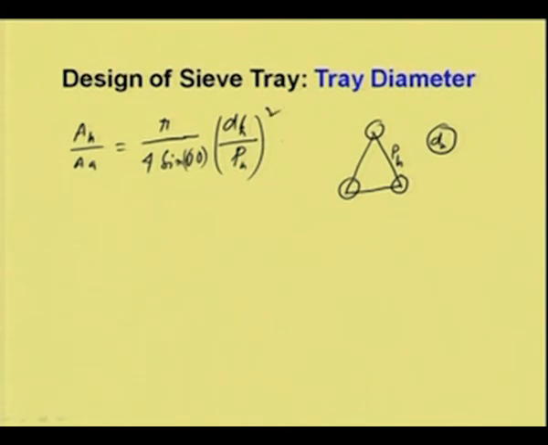So, it will be equal to 0.907 (d_h by p_h) square.